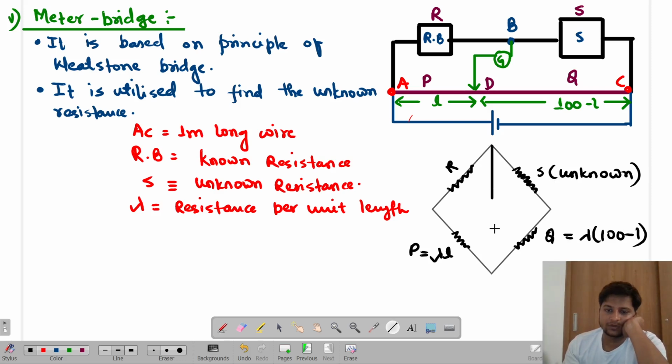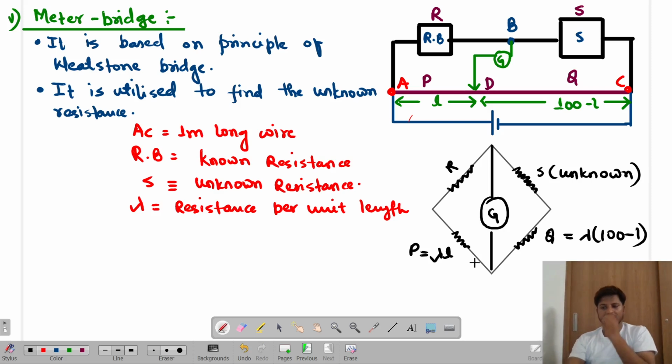And then I have a galvanometer connection. No resistance needs to be considered. Okay.